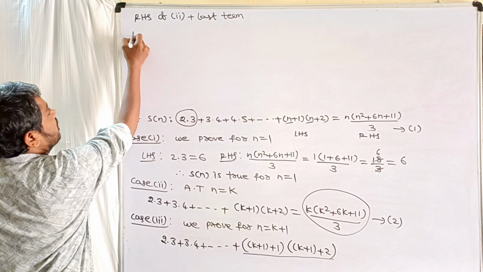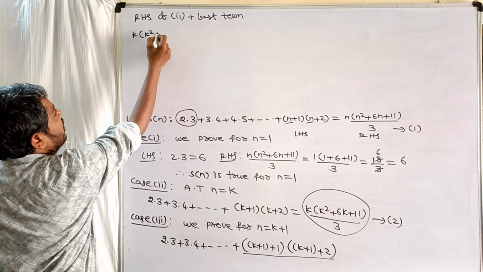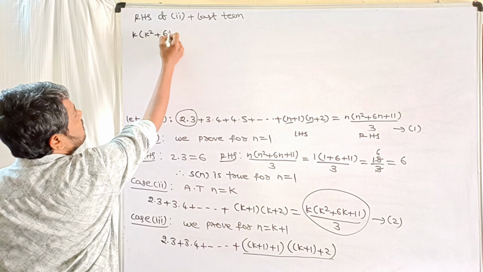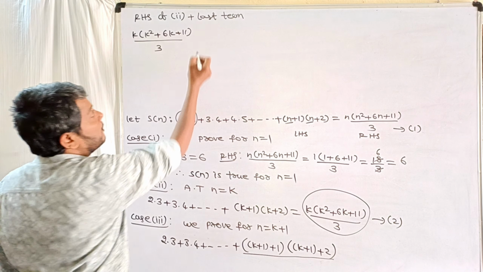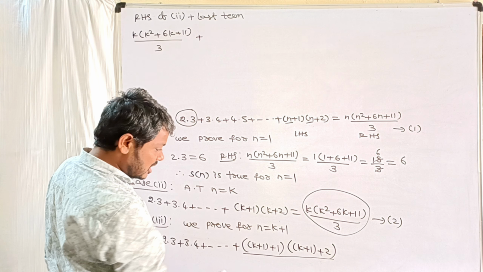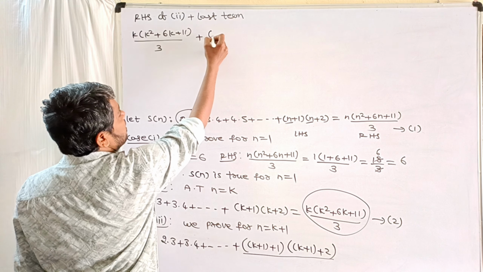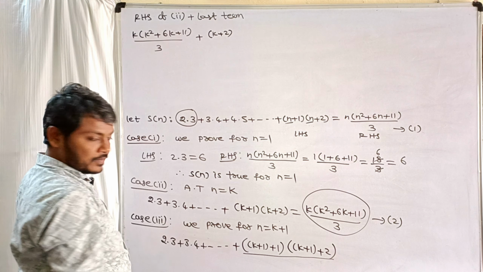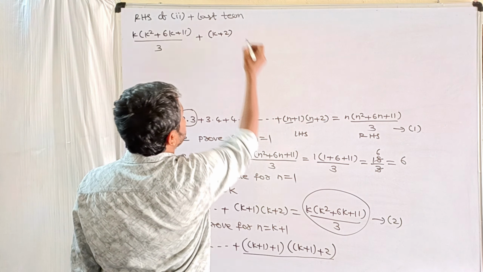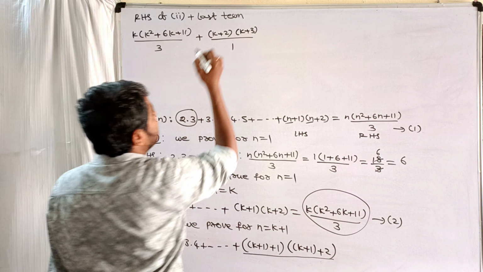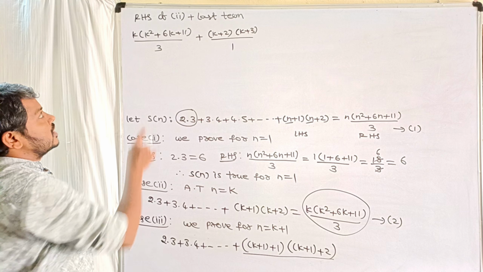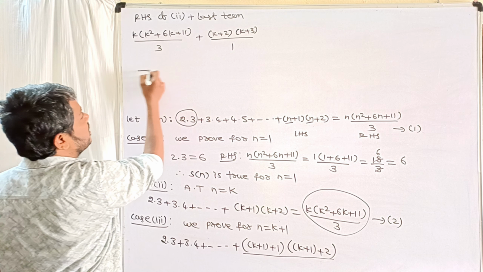That is k into k square plus 6k plus 11 divided by 3 plus the last term. What is the last term? This one, that is k plus 2, k plus 1 plus 2, that is k plus 3, which is divided by 1. So clearly, what is the LCM? 3 is the LCM.